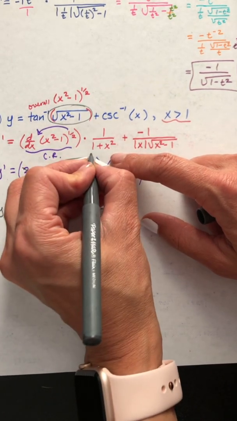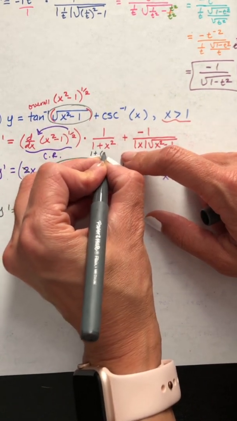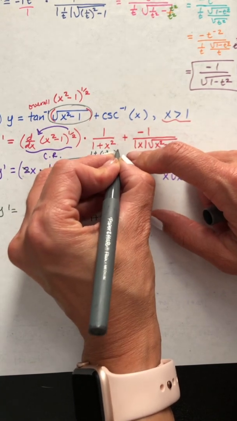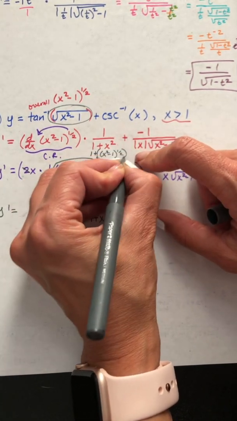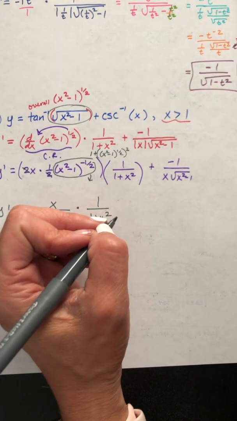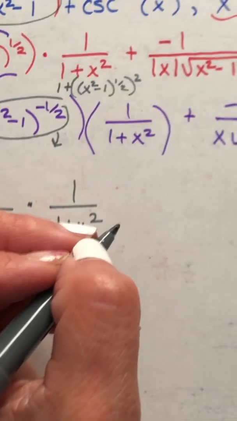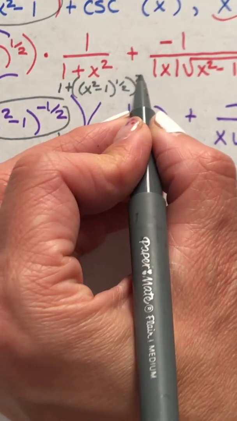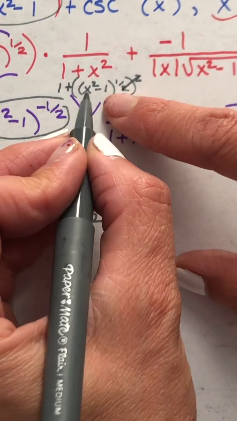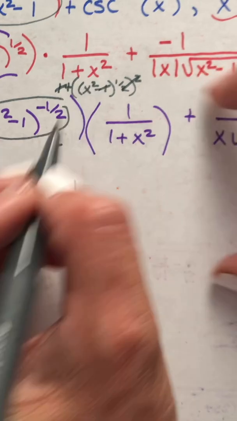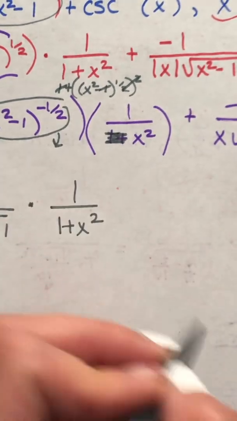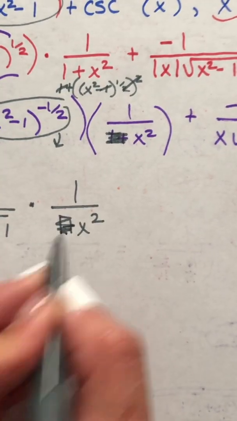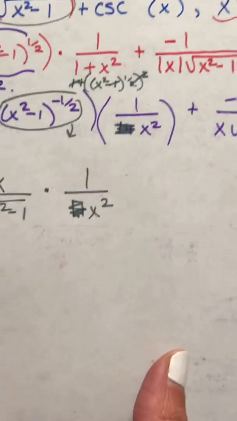So I should technically have 1 plus the square root of x squared minus 1, all squared. And that's where I messed up because I forgot to do that. Common mistake. So those cancel, so that's just an x squared minus 1. 1 plus x squared minus 1, the 1's cancel, so it's just an x squared. So I was like, what is happening here?